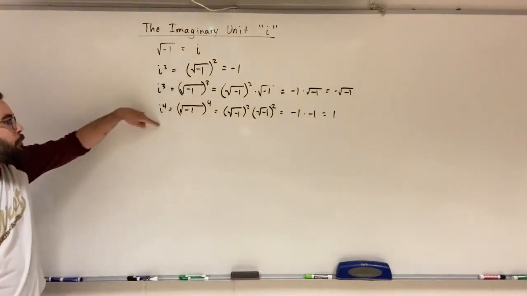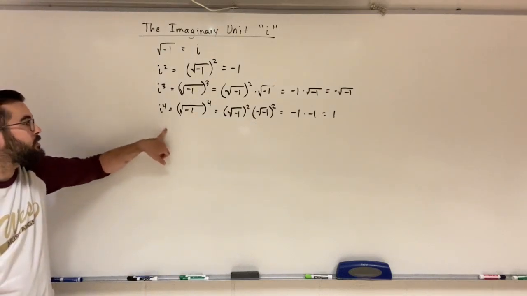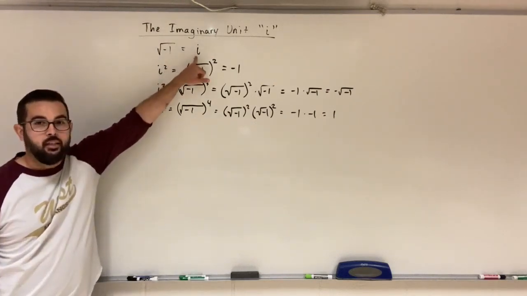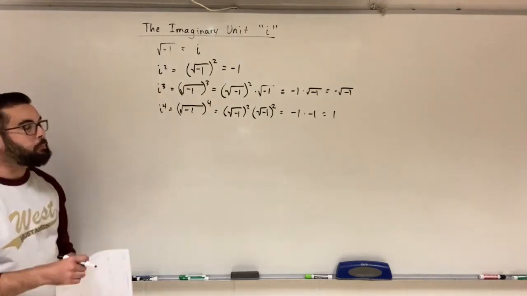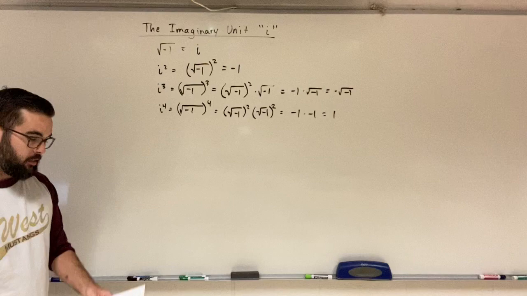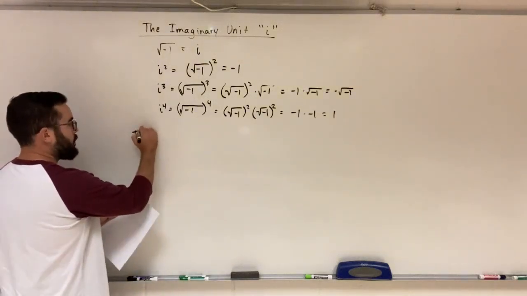And this cycle repeats. If we go to i to the fifth, you'll see that it comes back to just i. i to the sixth is the same thing as i squared, and this cycle repeats for any exponents greater than or equal to 5. So I'm going to write that down.